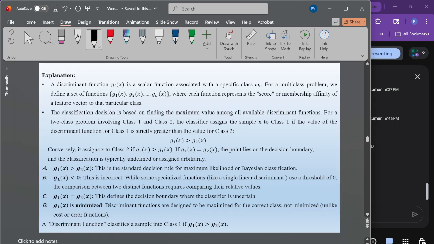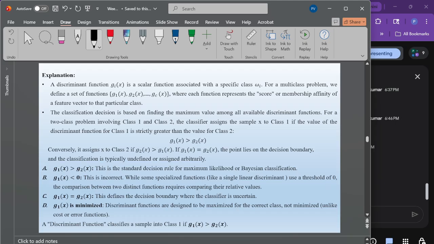So for a multi-class problem, we define a set of functions g1x, g2x till gcx, where each function represents the score or membership affinity of a feature vector to that particular class.